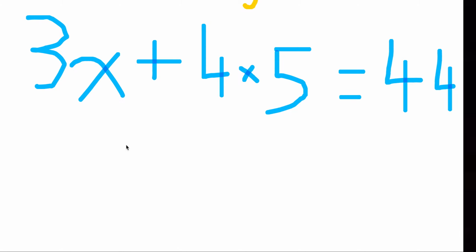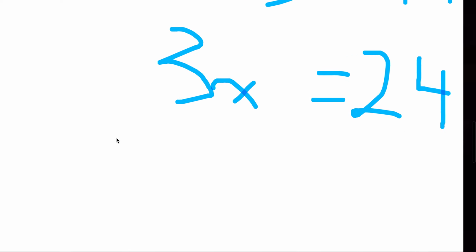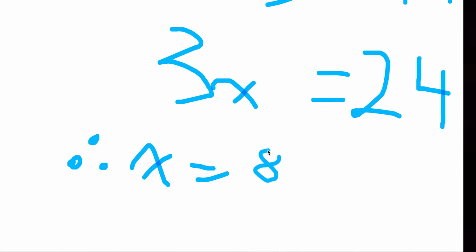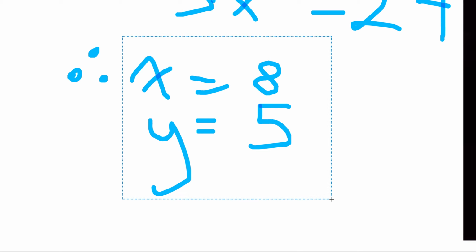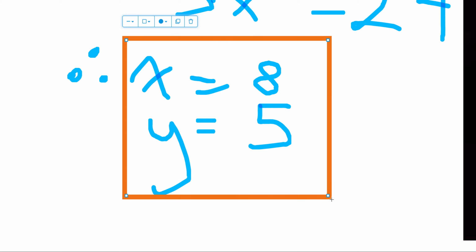An easy equation from here. We can get that 3x is equal to 24, which therefore means that x is equal to 8 and y is equal to 5. There we go. That's the answer.